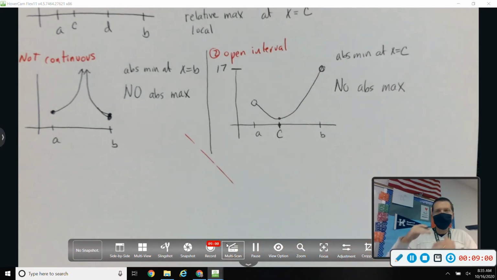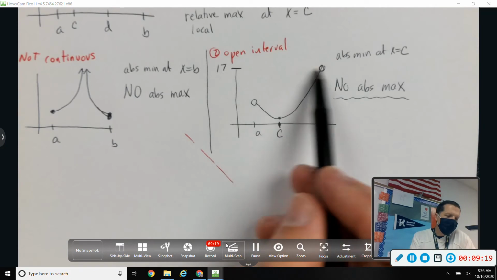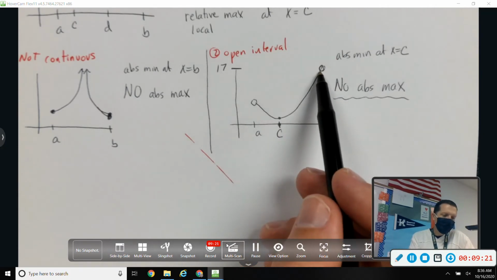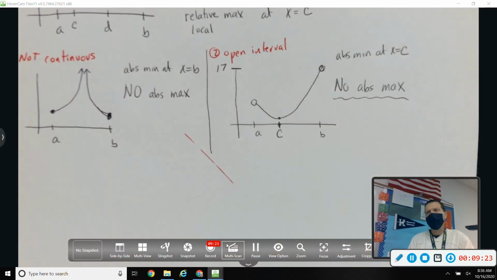Even though there's a cap on the whole graph, there's no number that describes its maximum. Does that make sense? That's probably the most confusing part of this lesson, that it looks like nothing is above that, but there's still no number that describes that y value.